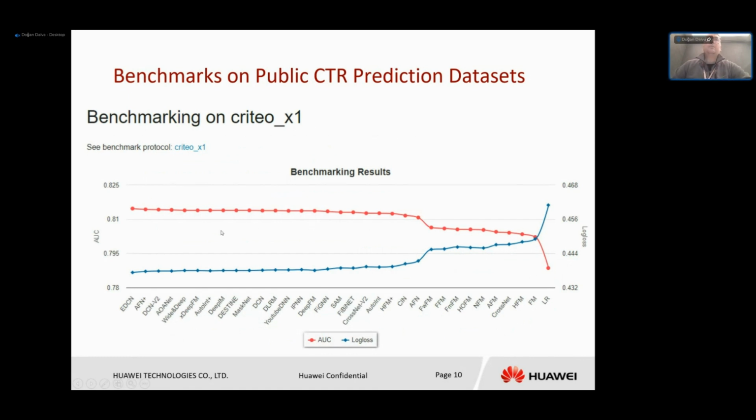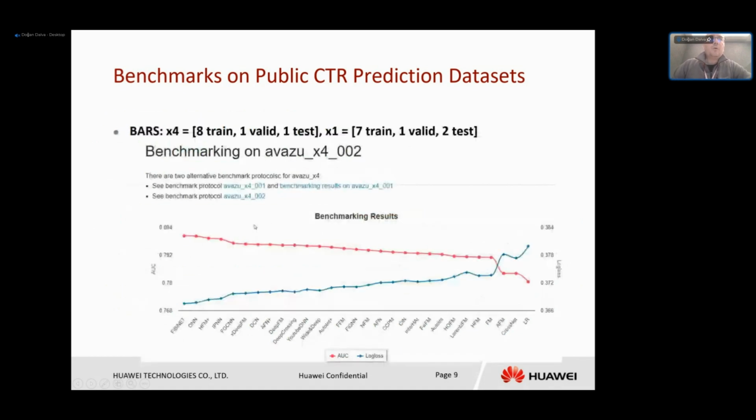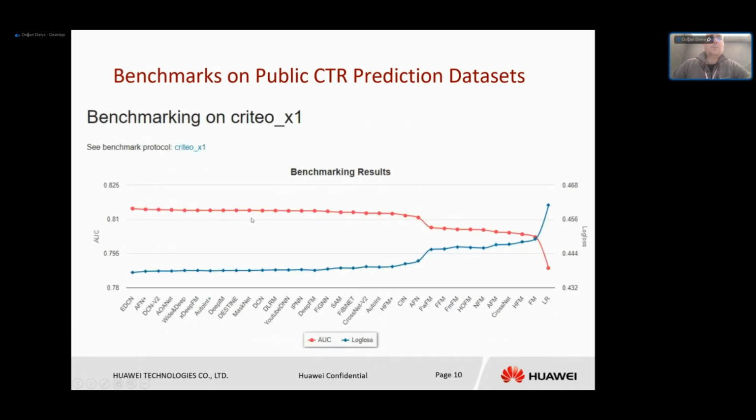And in the Criteo dataset, the sorting of the models is different. We have DCN, DCN version 2, and EDCN as top models, and AUC is above 0.81. Before it was less than 0.8, and Criteo results are as follows.